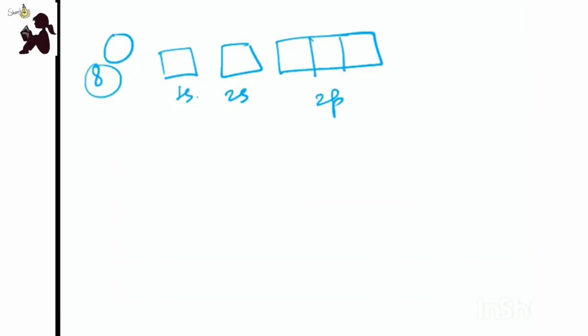Here electrons are filled like this. So what will it come? 1s2, 2s2, 2p4, 2 plus 2 is 4, 4 plus 4 is 8. So this is how we write electronic configuration.